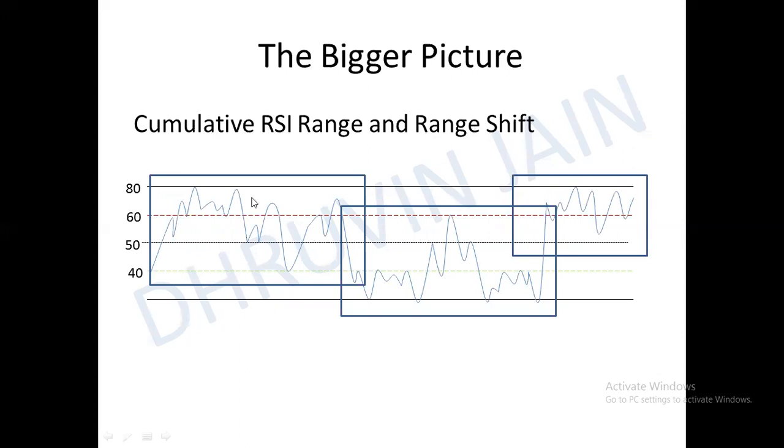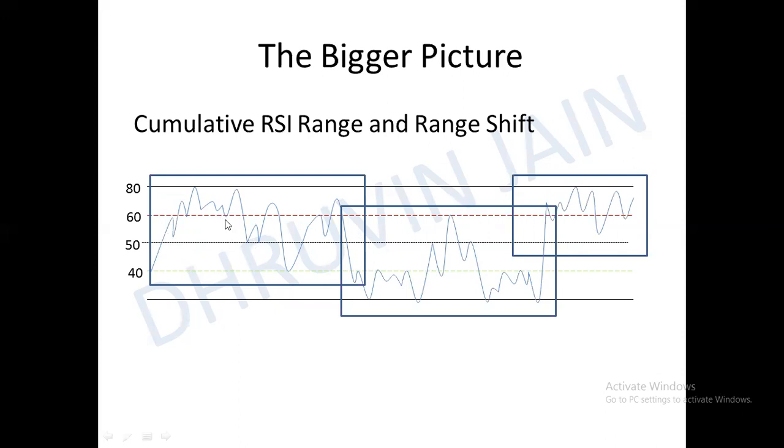You can see that in this first box I've plotted, RSI was in a zone of 80-40. How beautifully you can see it.